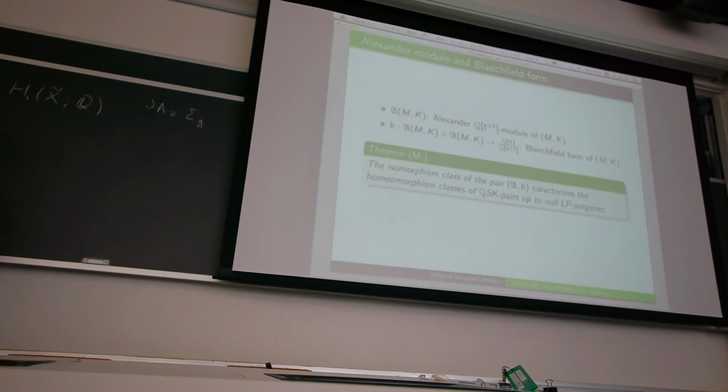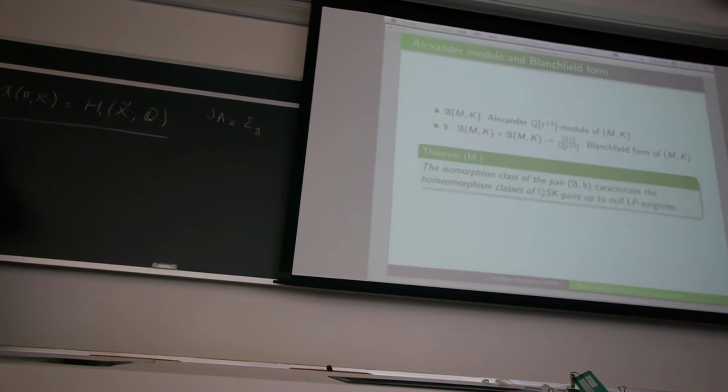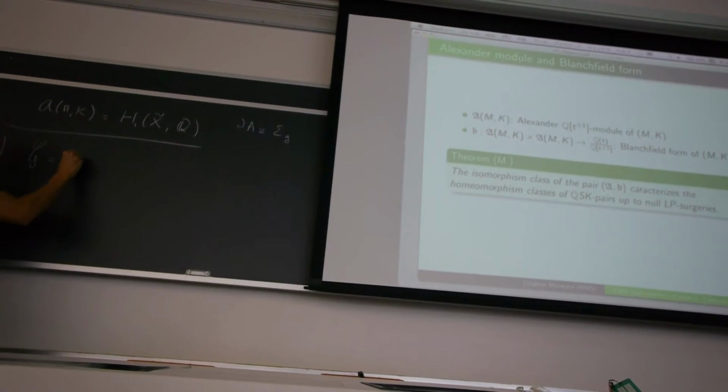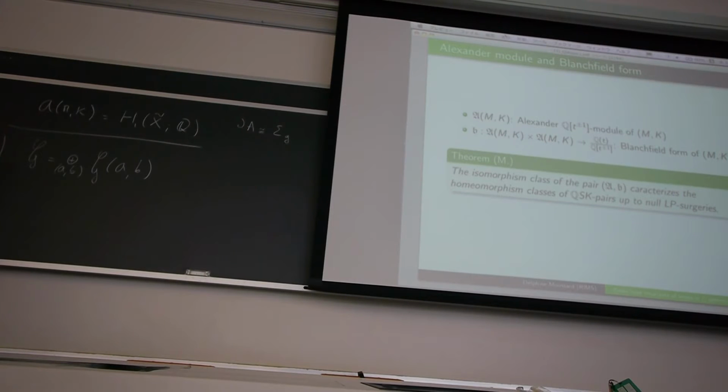when we study our graded space G, we have a splitting of the graded space. We can write G as the direct sum, over all isomorphism classes of pairs (A, B), of the graded space reduced to QSK pairs with this Alexander module and Blanchfield form.